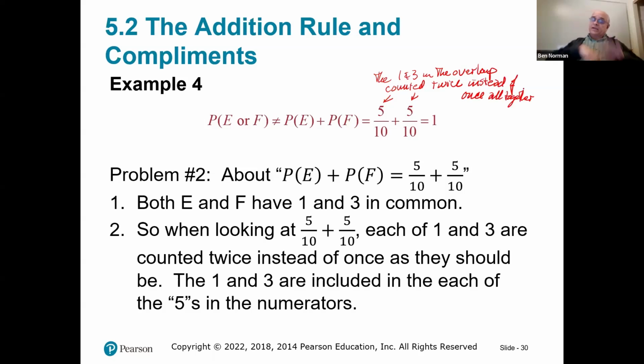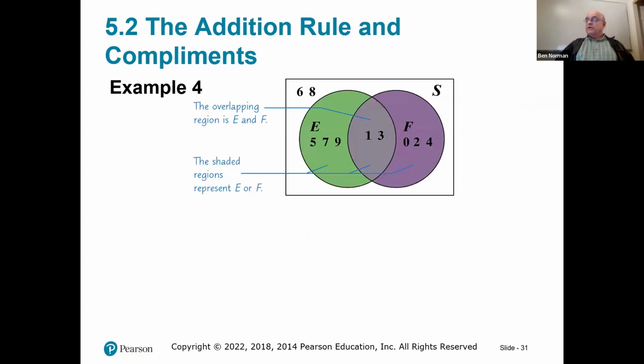When we're looking at the probability as a whole, we want each element to be counted only once. So there's a problem with using the earlier rule. What we're going to do is adjust the rule. We have this overlapping region, E and F, that's the 1 and 3.